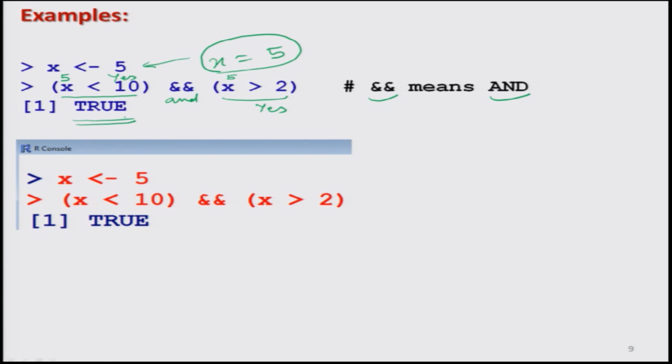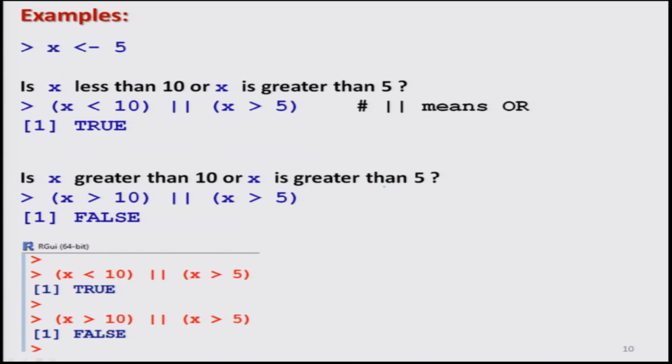And this is the same screenshot of the same operation which I can do on the R console also. Right. Now, after this, another thing I would like to show you, just continuing with the same slide: suppose I take x equal to 5 and I want to check whether x is less than 10 or x is greater than 5.